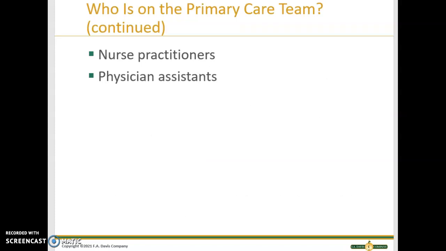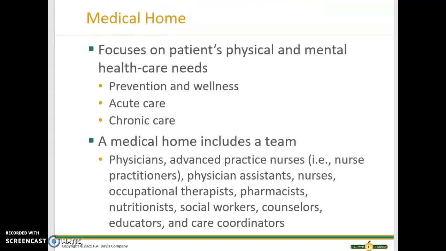Also, physician extenders are a part of the primary care team, and this includes nurse practitioners and physician assistants. So the primary care team is often referred to as the medical home, where everything takes place for that patient. It focuses on the patient's physical and mental health care needs.